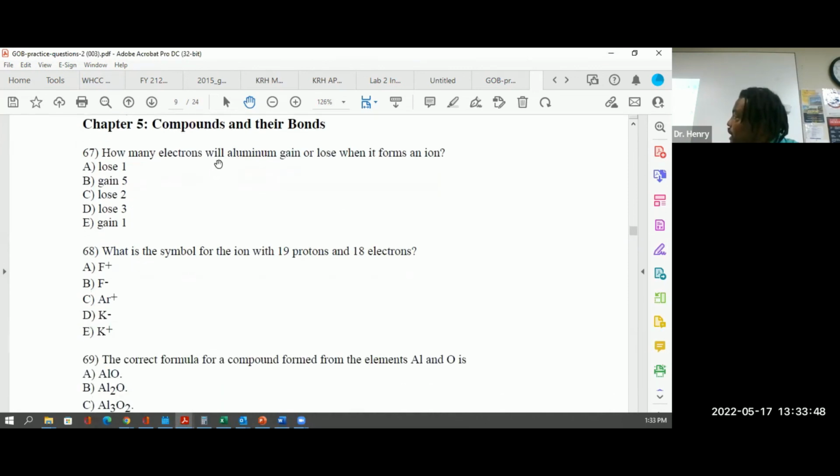Okay, how many electrons will aluminum gain or lose when it forms an ion? Aluminum. What's going to be the charge on aluminum?